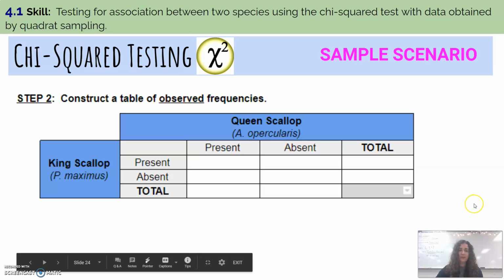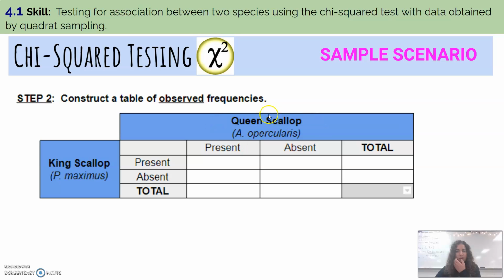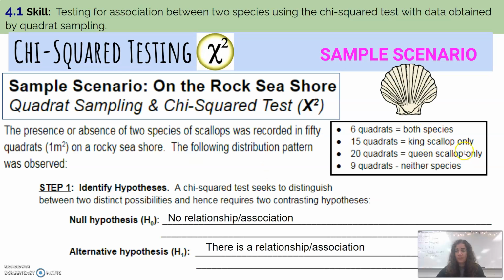Step 2 is to construct a table of observed frequencies. You can see we've got the queen scallop on top and the king scallop on the right. If they were both present, we would mark that number in the top left-hand empty spot. And if the queen scallop was absent and the king scallop was present, we would fill in the second column top spot. You are just pulling the numbers for this table from the rectangle talking about the quadrats.